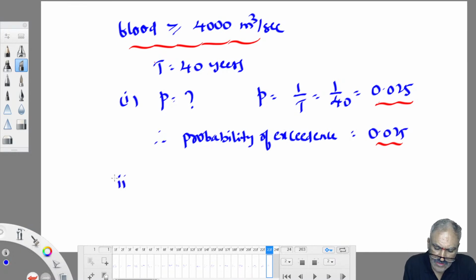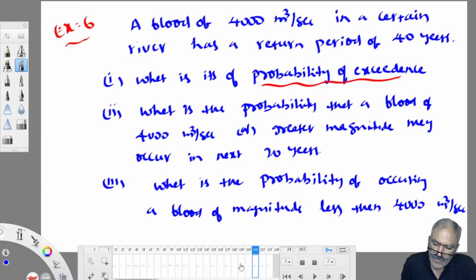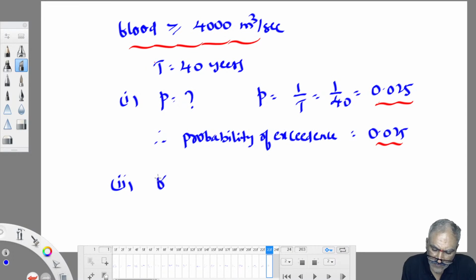Second question, what is that? What have been asked to find out? What is the probability that flood 4000 meter cube per second greater magnitude may occur in next 20 years? That means occurring at least once in next 20 years. Flood greater than or equal to 4000 meter cube per second may occur in the next 20 years. Indirectly asking risk in the next 20 years.